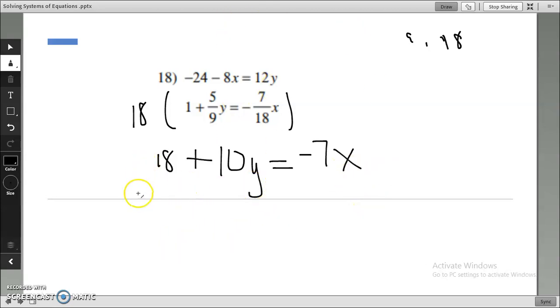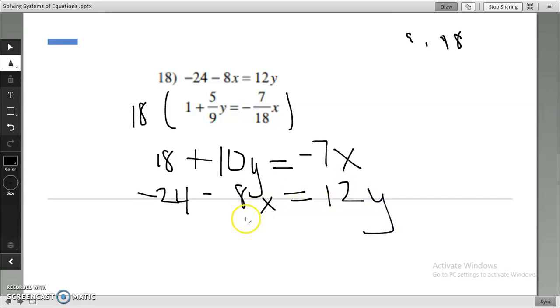So now I'm just bringing this on down. So it is all over the place, right? I have my x here, my x on this side here, my y on this side here, my y on this side here, my constant terms over here. Let's go ahead and make it where it looks a lot neater, where everything is together.